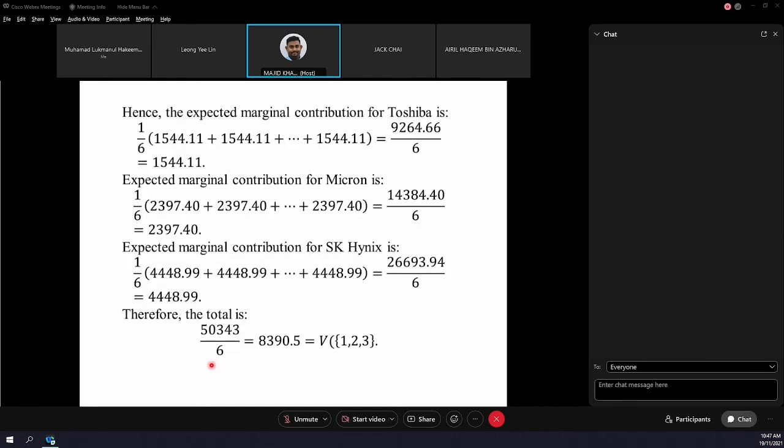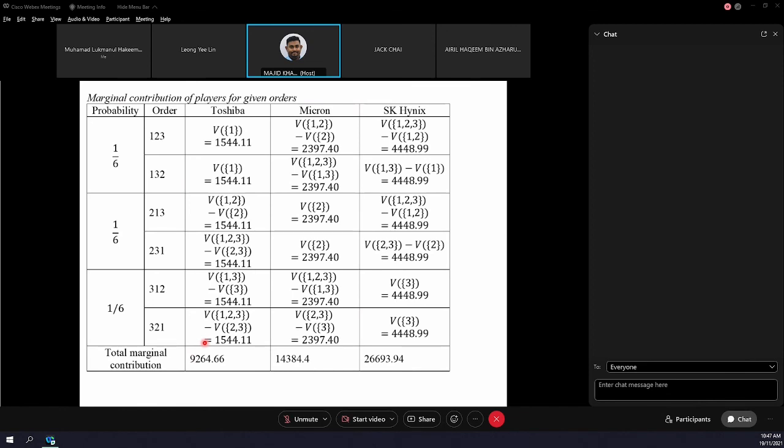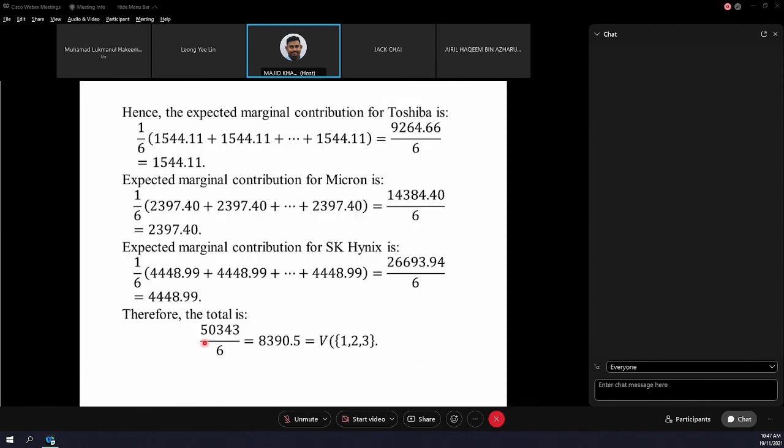Next, you take the value, for example for player 1, 9264.66, and divide it by the total number of orders. In this case we have 6 orders, and this will be your first order value, second order value, and third order value.